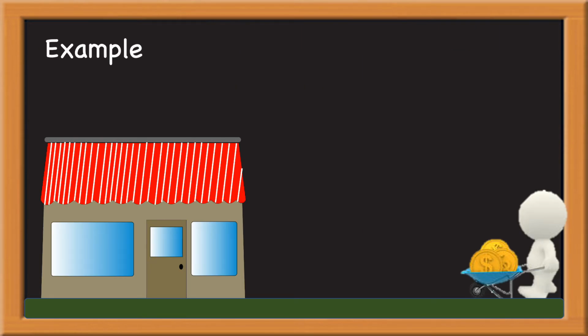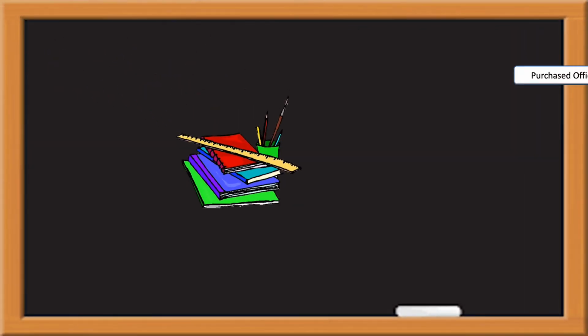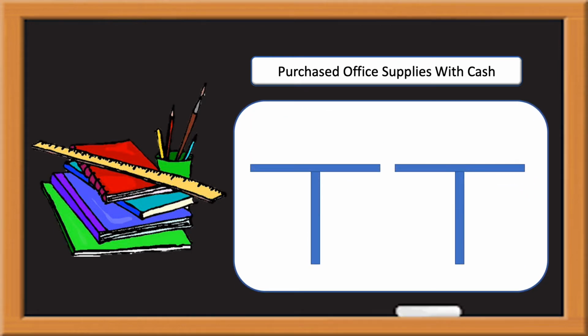Let's look at an example. You're going to take some cash to the local store to buy some office supplies. In this example, the business received office supplies in exchange for cash. So those are going to be the two T accounts we're going to use: office supplies and cash.